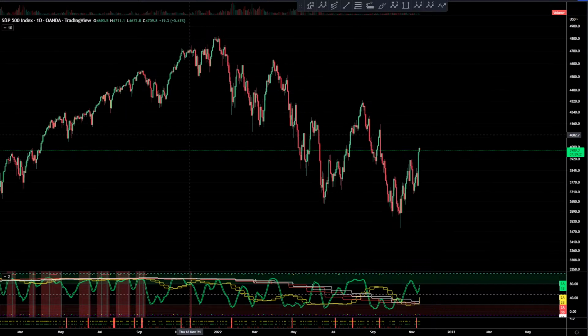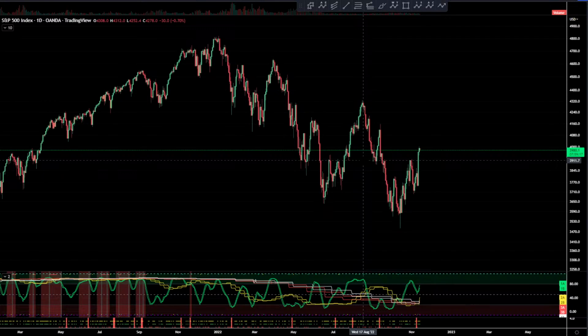Then I can get my crosshairs lined up as close as possible to this area and hit Alt-H on the keyboard to put a line in that exact place. This is close to the S&P 500, at about 39.11, we'll call it 39.10.